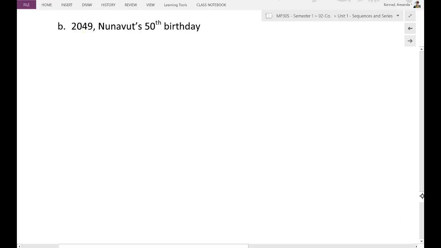Okay, moving forward, we're going a little bit later. So 2049 is 40 years after 2009. That means it's not term 40 though, it's term 41. So watch out.